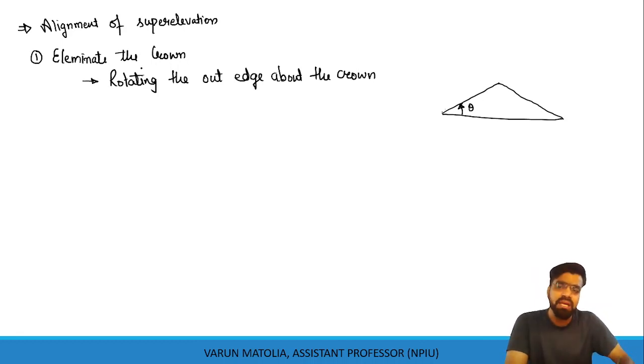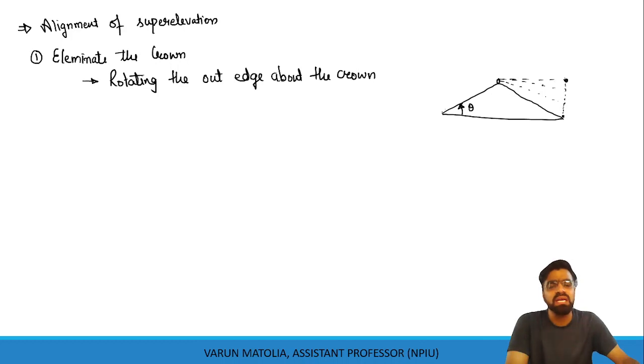This camber can be eliminated by rotating the outer edge about the crown. This is the outer edge, and this is the crown. So what we'll do is increase this height. Again, we'll increase the height, till the height of this outer edge is equal to the crown.